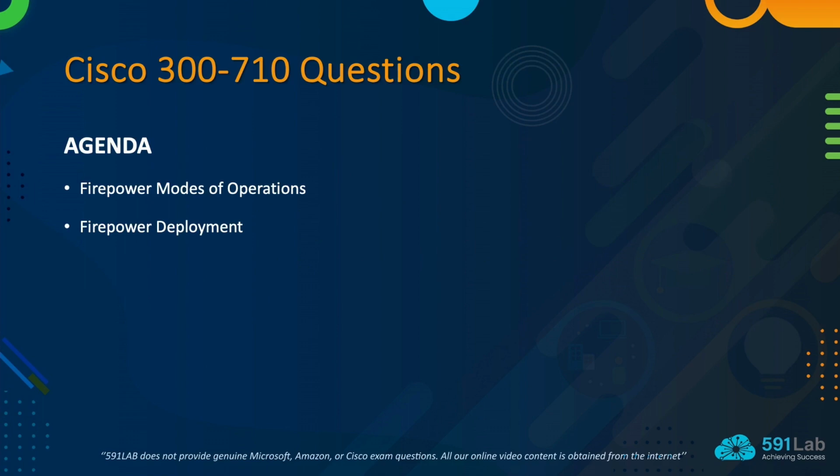Today, we will be covering Firepower modes of operation and Firepower deployment from the Securing Networks with Cisco Firepower exam objectives. These concepts will help prepare you for the certification exam.